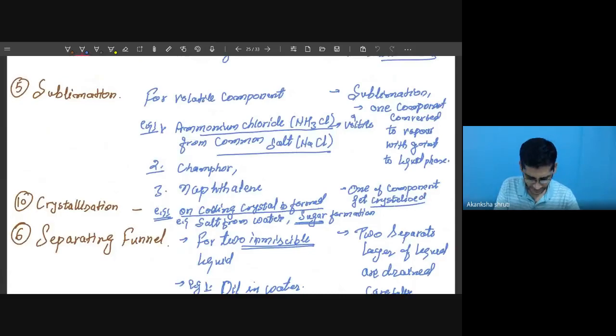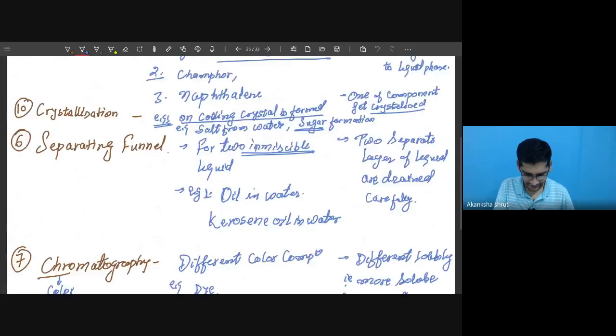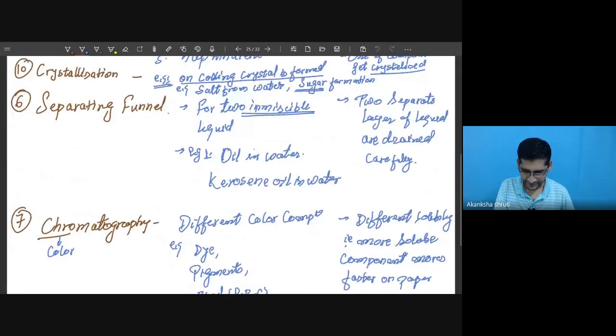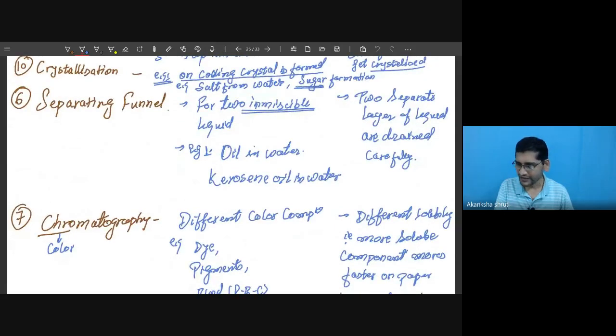This we have already learned in our previous class. We have listed where each is used and what the principles are, but how they work, the more detailed analysis, we are going to do today.